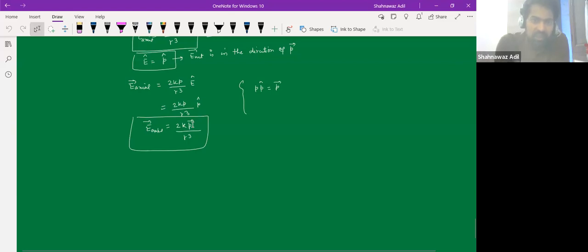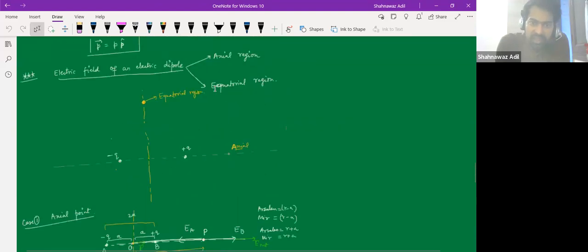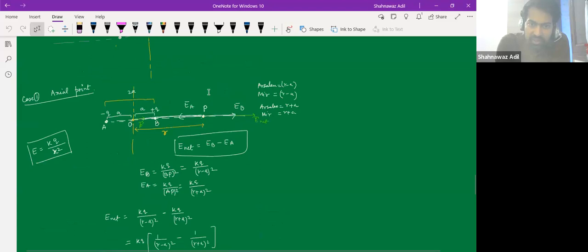So this gives us the strength of the dipole. For the axial point, the electric field is in the same direction as the dipole. So here we saw that the electric field is in this direction, right?